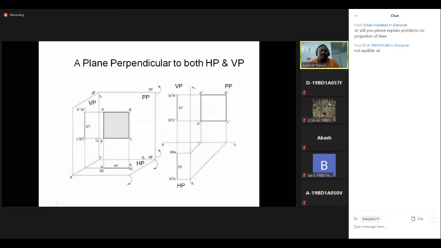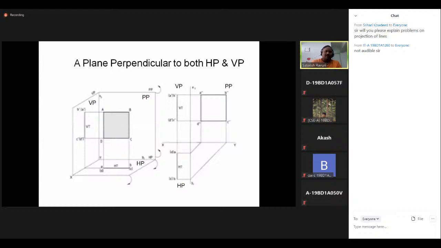So as HP, VP, PP, all the three planes are mutually perpendicular to each other. When a square or rectangle, any plane is perpendicular to both HP and VP, obviously it is going to be parallel to PP, profile plane.